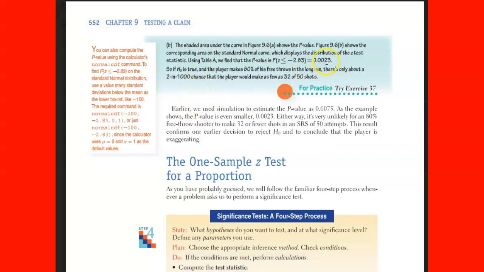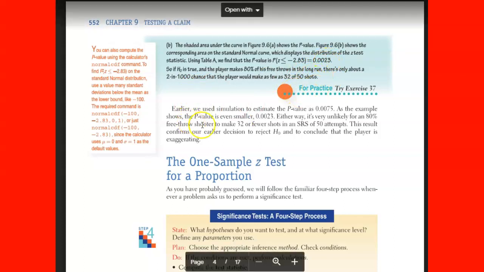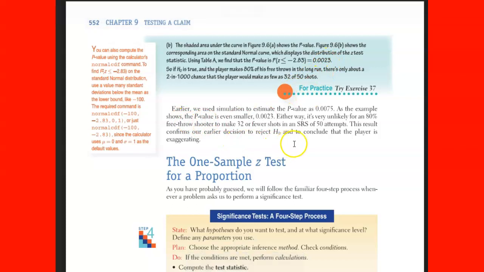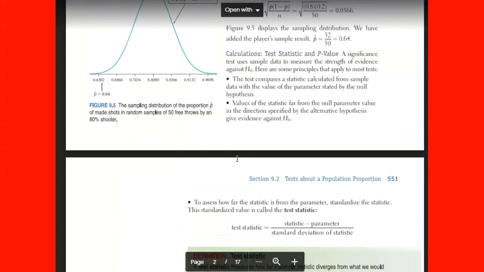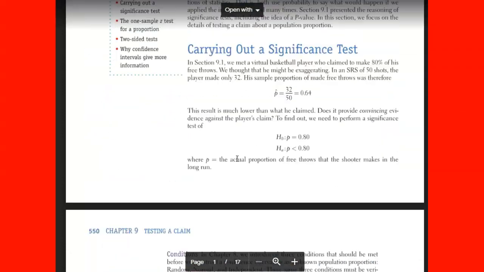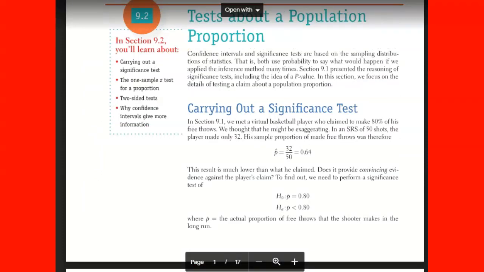That means 0.2% of the time that's going to happen. So in terms of what we do with our null and alternate hypothesis, the p is low. I would say, you know what, there is almost no chance that this is true.